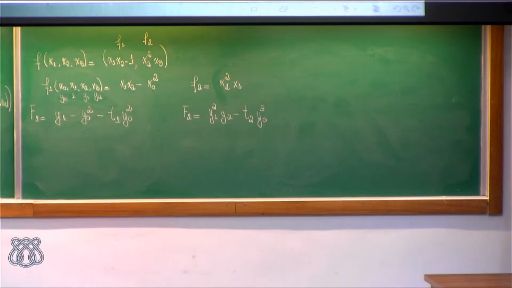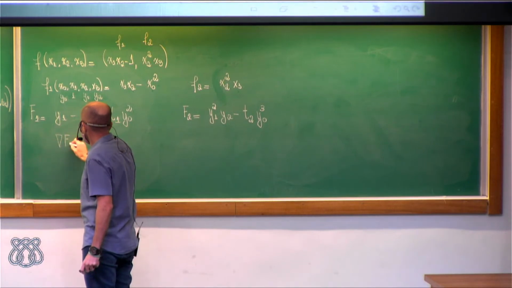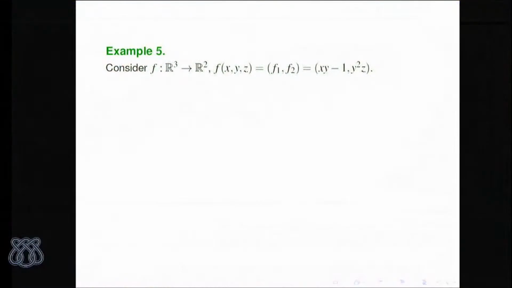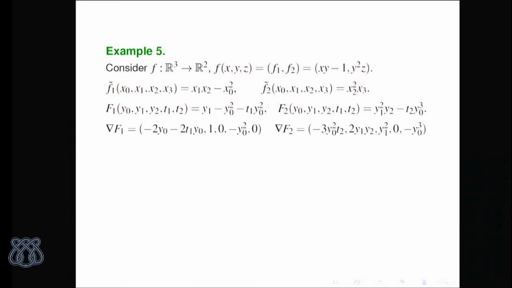Then you need to consider the gradient of f1, f2. The gradient of f1, you can compute that in the next slide. It's easier, faster. This is the functions here, t1, y0. And when you compute the gradient of f1, it is that. The gradient of f2 is as follows.